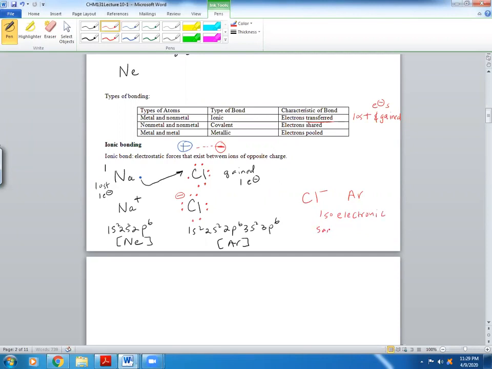So same number of electrons, same electron configuration. Now, sodium and neon are isoelectronic.